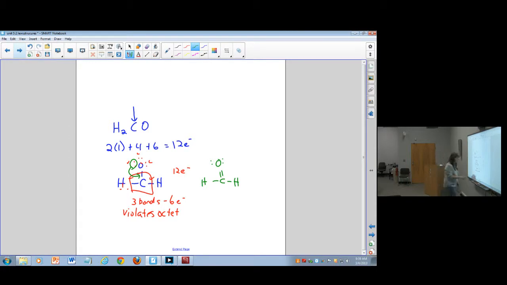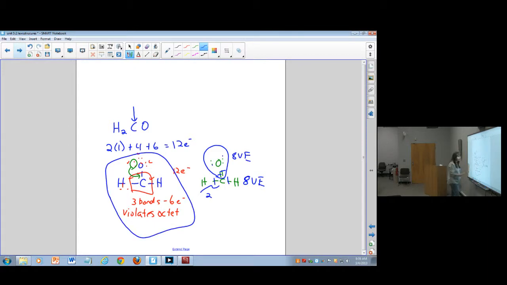Now do I have an octet around everything? Well, the hydrogens only have 2, of course. This oxygen, he's got 2, 4, 6, 8 valence electrons. The carbon has 2, 4, 6, 8 valence electrons, and I can't use one of the exceptions to break this kind of a rule.